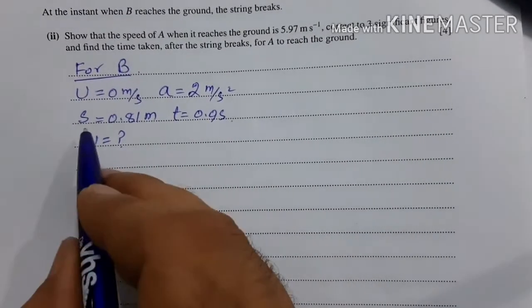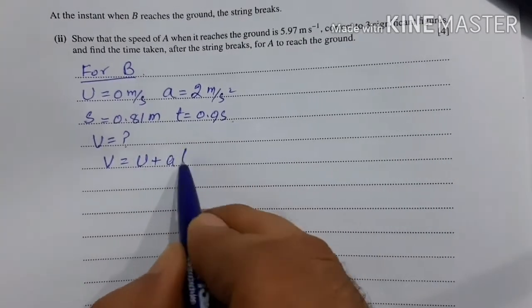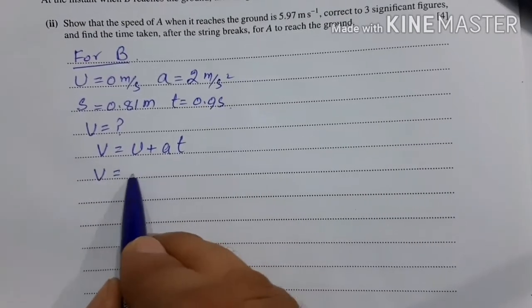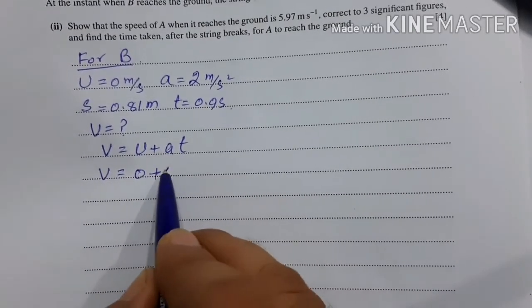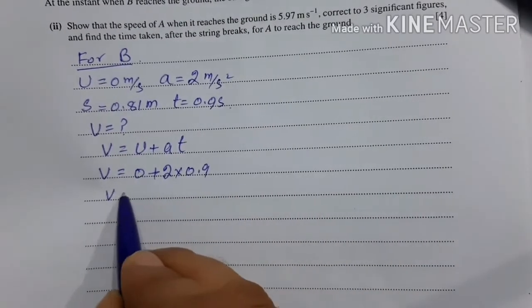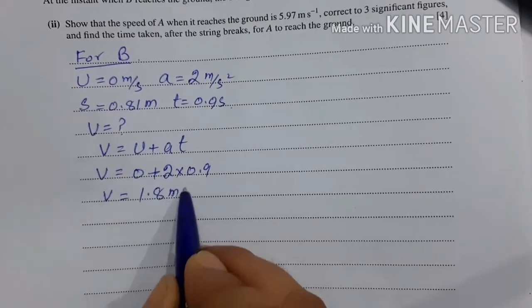For this I will use v equals u plus at, the first equation of motion. So v is equal to 0 plus 2 into 0.9, so v is 1.8 meters per second.